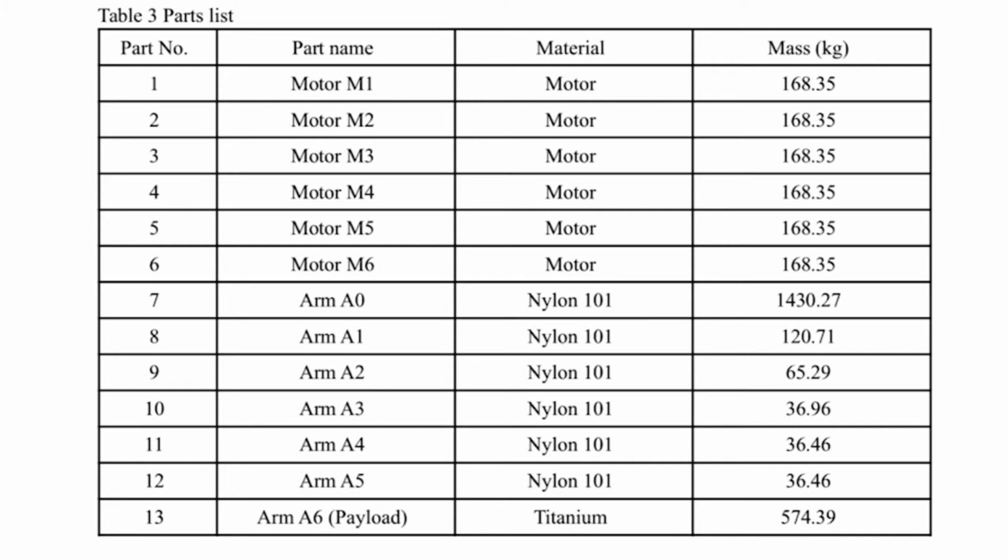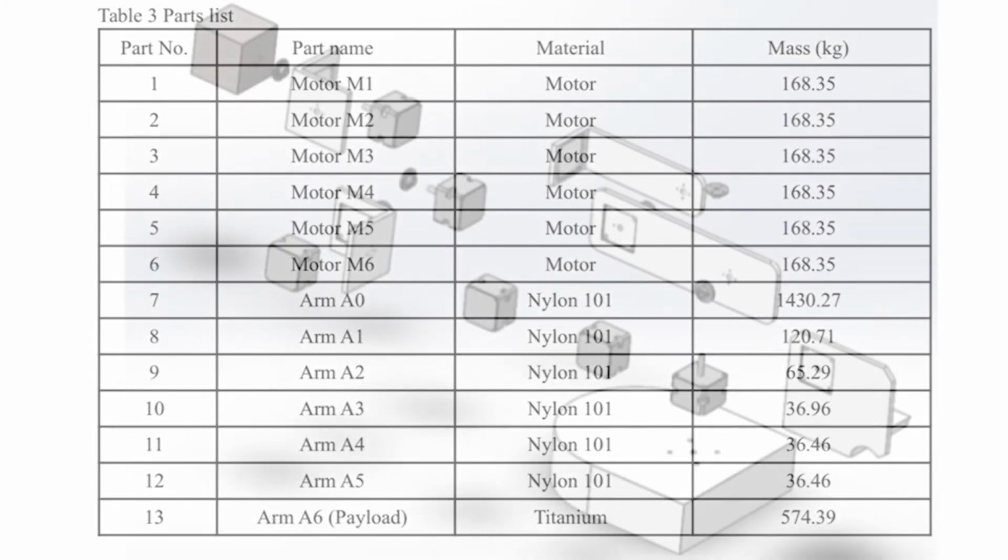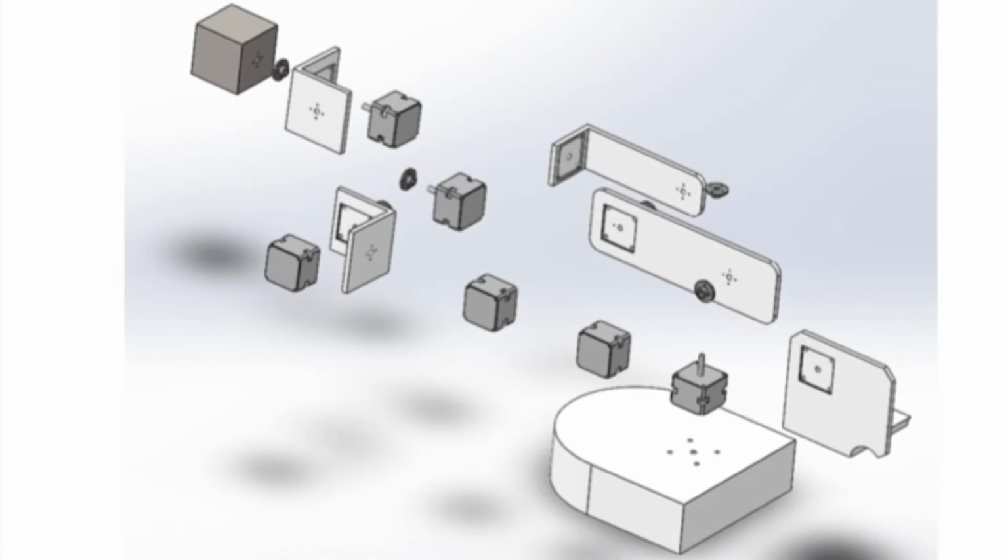For the arm, choose Nylon 101, and the arm 6 is payload. The material is titanium. This is the export view image of the robot arm.